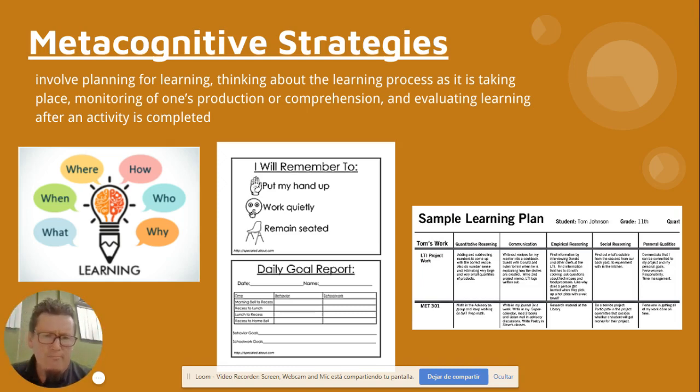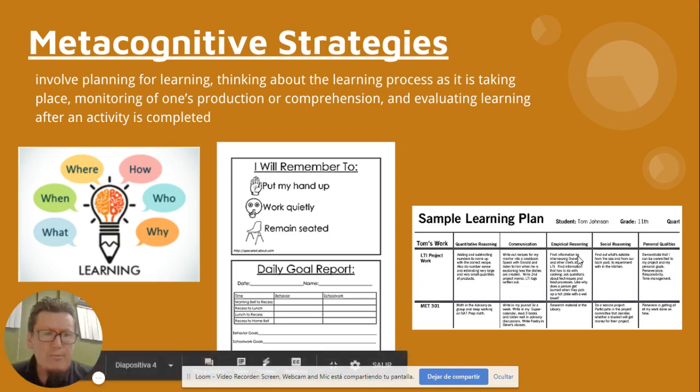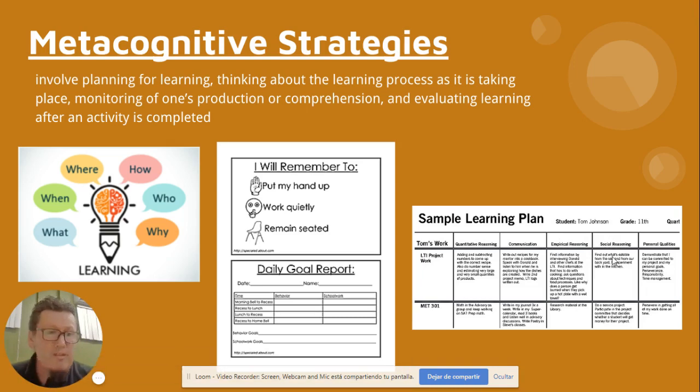So in this very example, quantitative reasoning: how are you going to communicate? Empirical reasoning: how are you going to experience all of this? How are you going to talk to other people with the social? And what qualities do you need in yourself to actually learn this and integrate it into your language development? So write it down. Whatever you consider is fine.